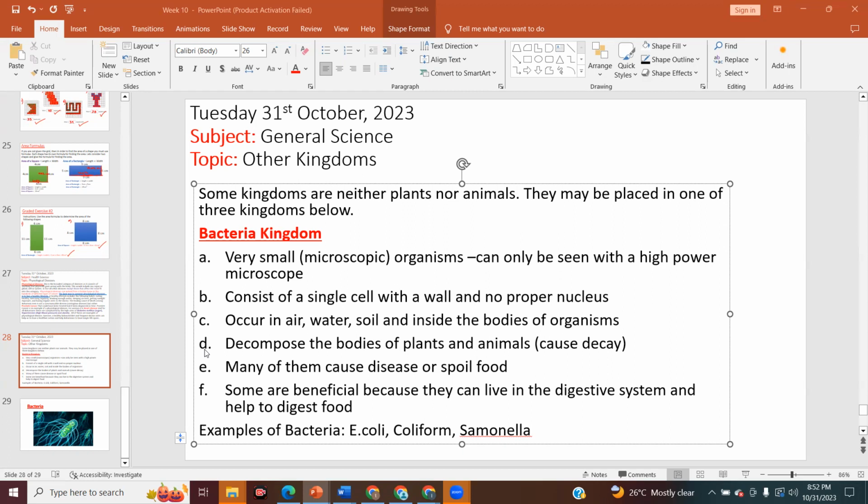They can live in the digestive system and help to digest food. Very good.